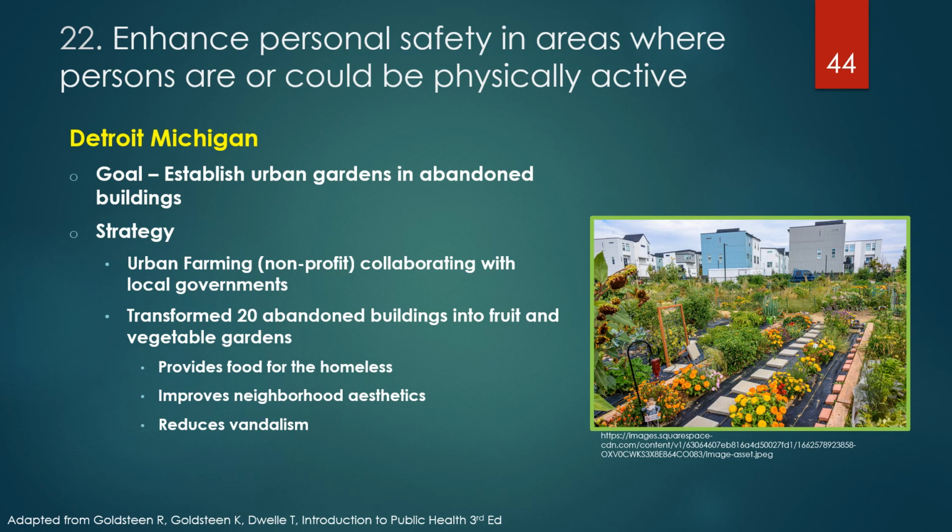In response, Urban Farming, an international nonprofit organization, collaborated with the local county government to transform 20 abandoned properties into active fruit and vegetable garden plots that feed the homeless and improve the aesthetic appeal of the city's neighborhoods. The local county government donates water to maintain the city gardens. Since establishing the gardens, residents report less vandalism in their community.